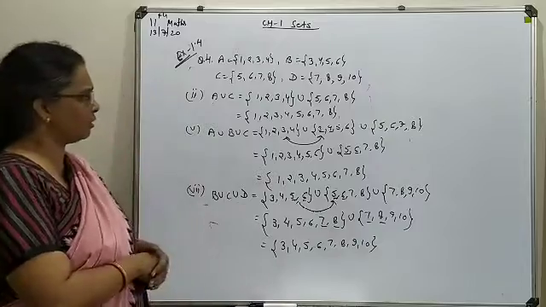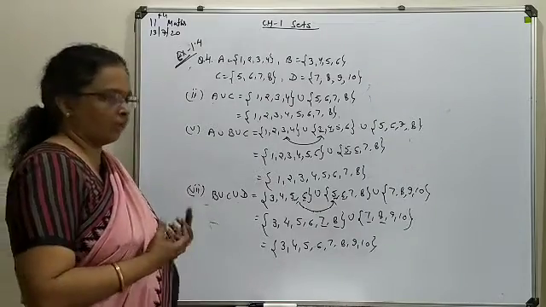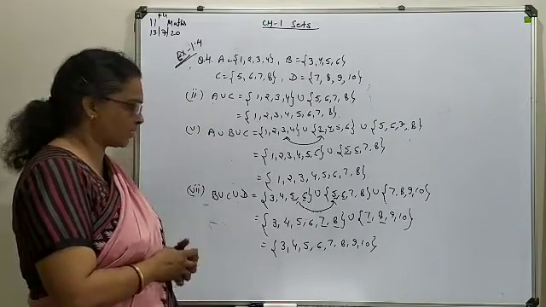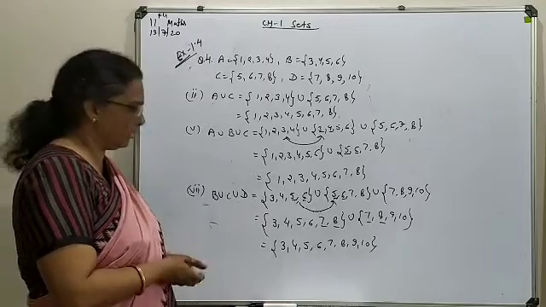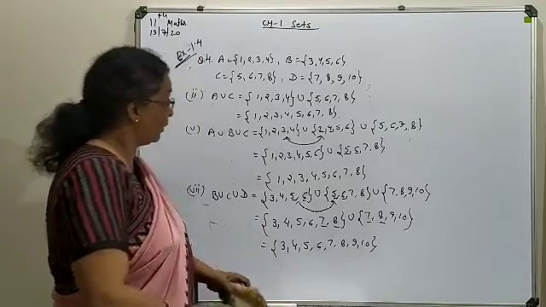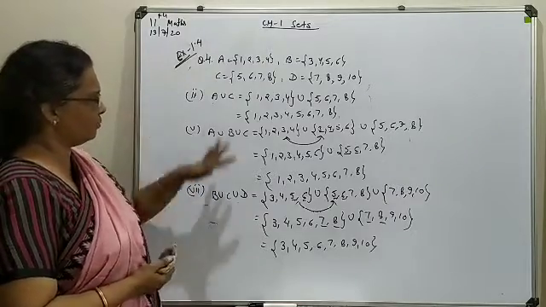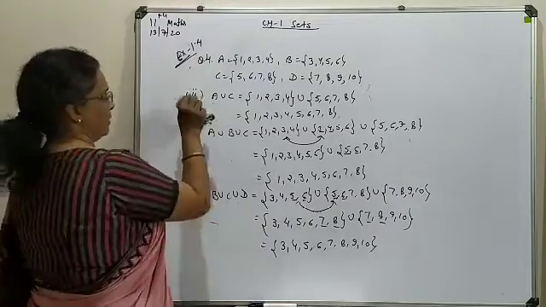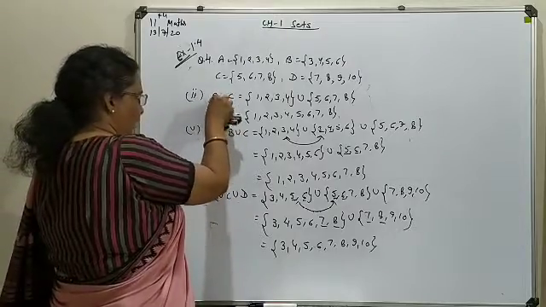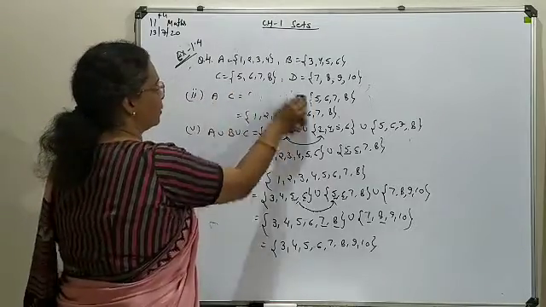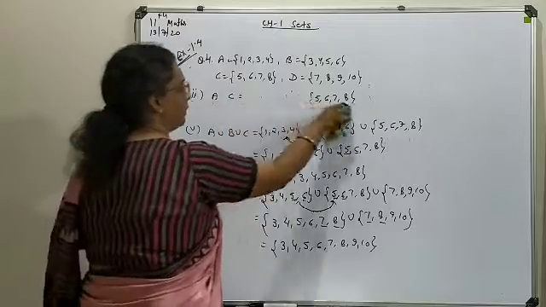In the next question you will write the intersection form, with the same combinations as with the union. So here, if you write A intersection B in place of A union B, what will you have?